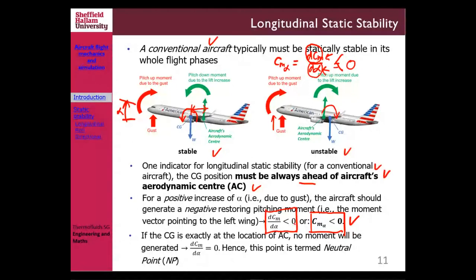That is when neutral stability happens, right? So neutral stability happens. That's why we call that point the neutral point. We're going to talk about the neutral point later on, so don't get confused about that. You can consider that if the CG coincides with the aircraft aerodynamic center and the neutral condition happens, then that point we call the neutral point.